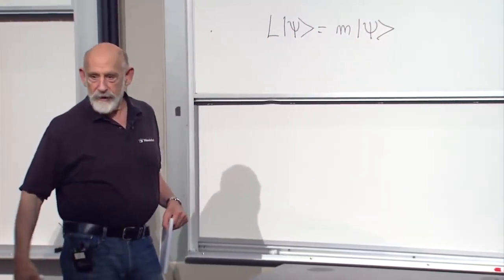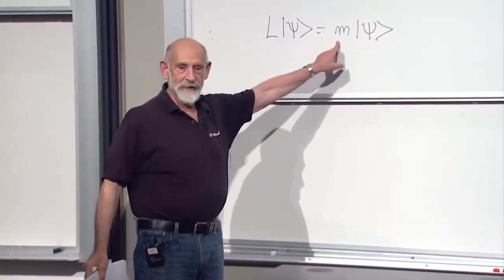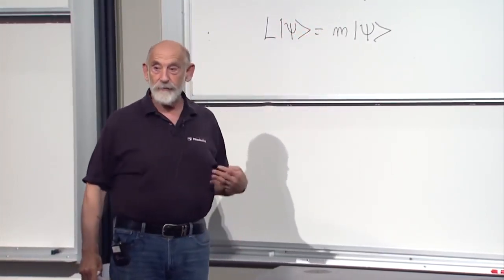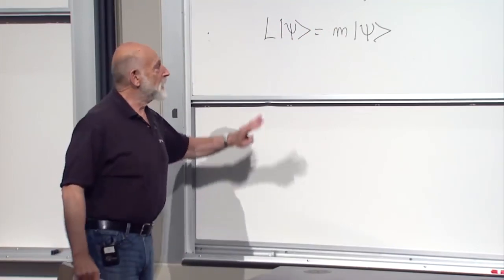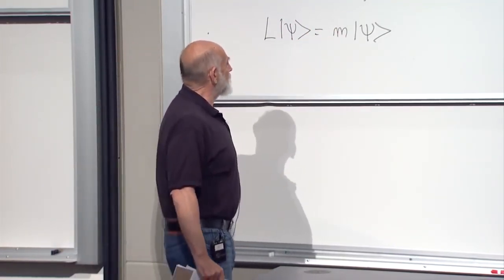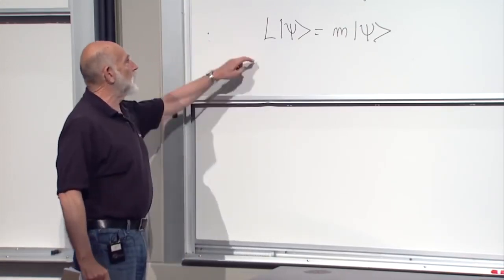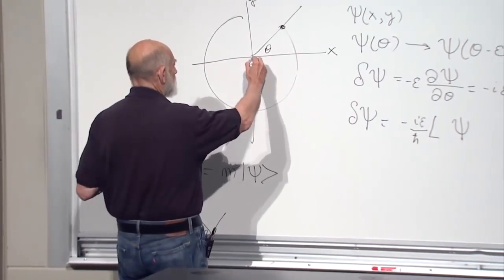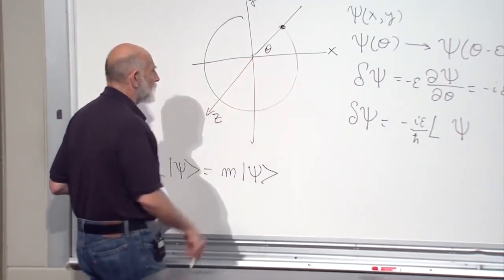Now, if I were doing it, I would have put little l here. But somebody did this long in the past. m happens to stand for magnetic quantum number. But that's a historical anachronism. Nevertheless, the eigenvalue of L, and let's add a little more to this picture. Let's put a z-axis in. The z-axis comes out of the blackboard.